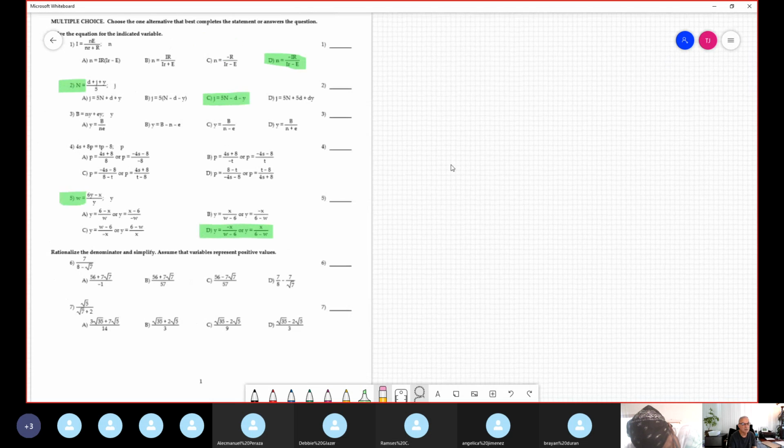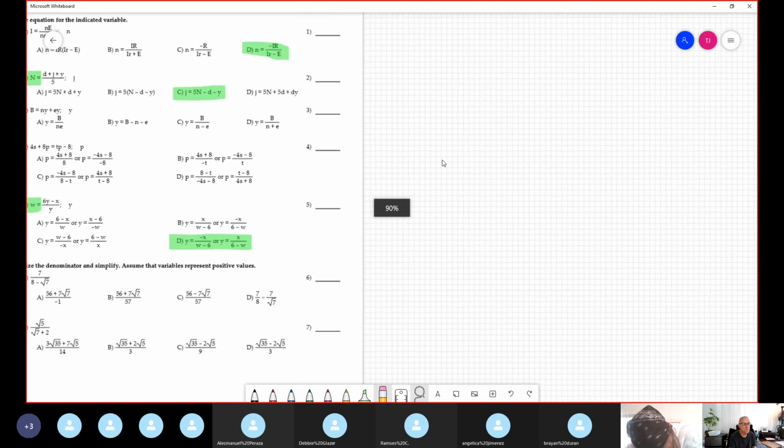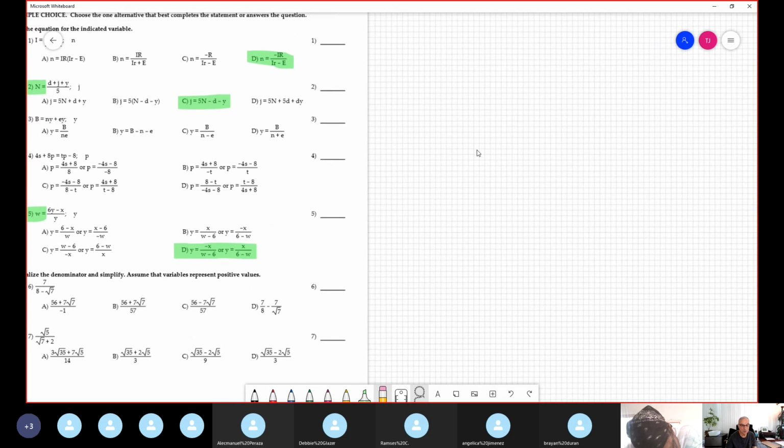Okay, number 4 is, let me copy, 4s plus AP is equal to TP minus A. TP represents multiplication, two different variables, T times P, no? And you solve for P. I need to manipulate in order to isolate P. Okay?